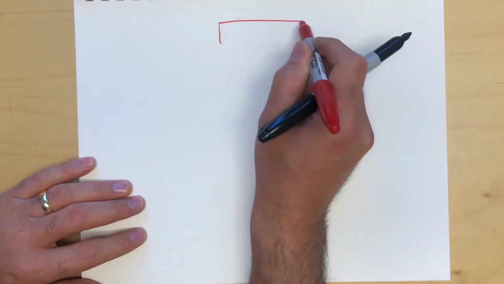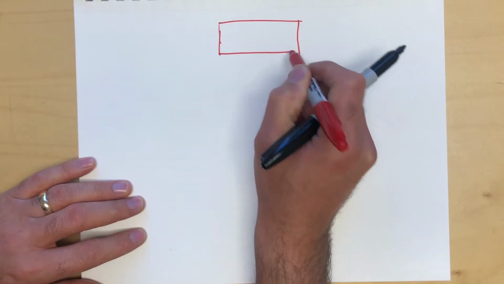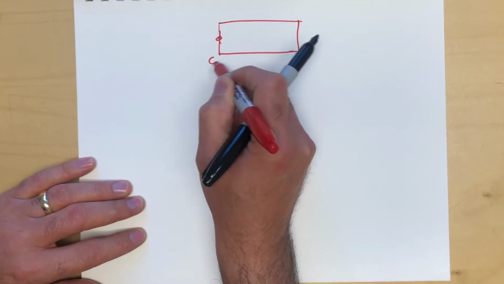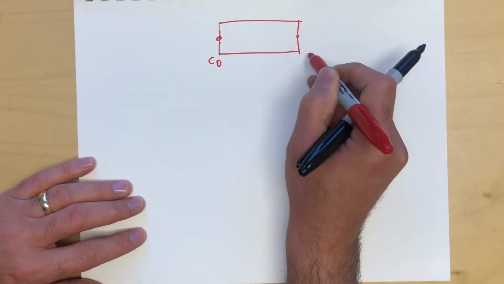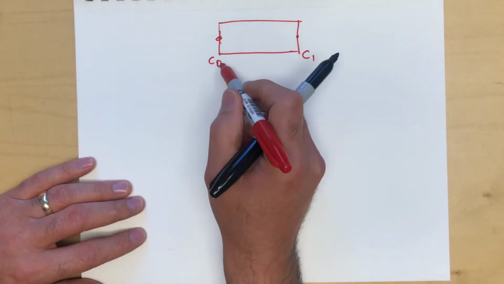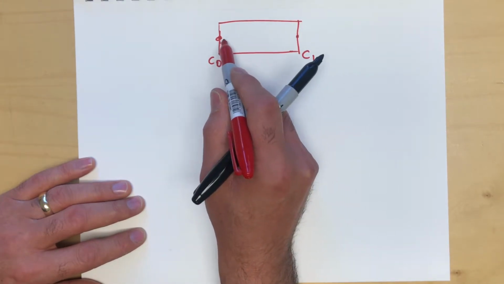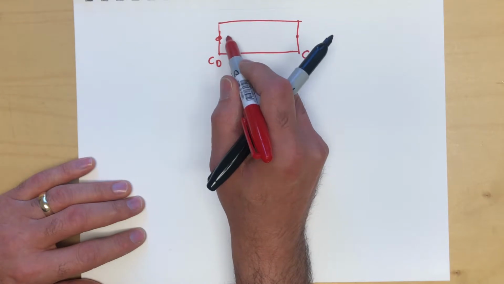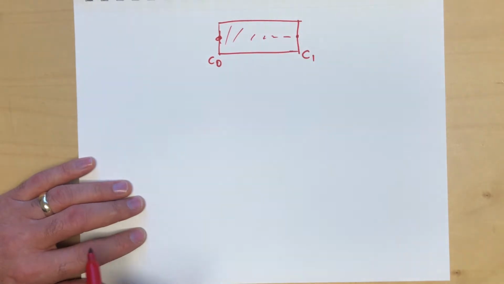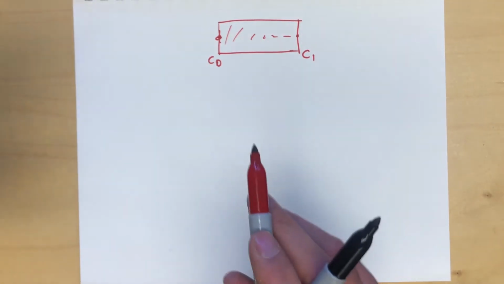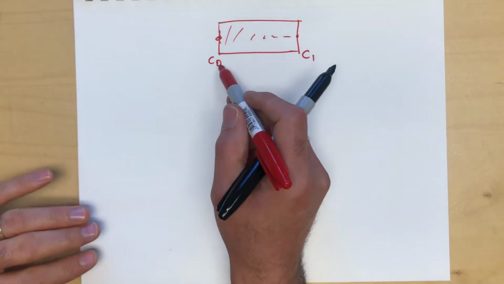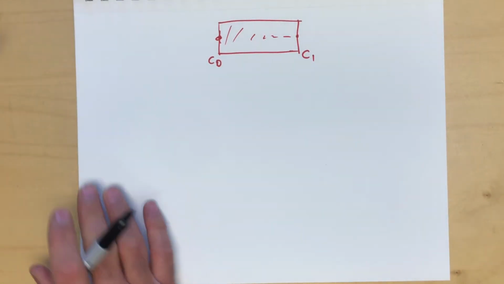So we're going to take the same region of space, we're going to assign this point C0, and this point C1, but also assume that not only is there a gradient, so C0 is higher than C1, but there's also a change in time. So C0 and C1 are both changing in time.